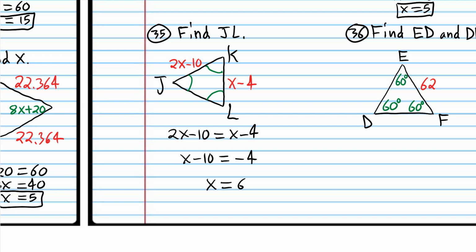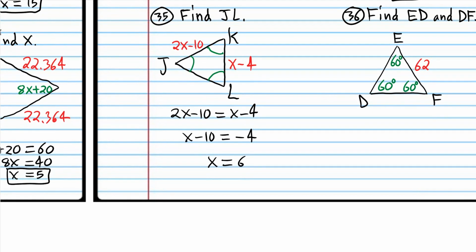But don't stop there. Don't get fooled. A lot of students would stop there. We're not looking for x. We're looking for JL. So now we have to actually find the length of all the sides. Now we know that the triangle is equilateral. We know all the sides must be the same length. So what we can do is plug in 6 to one of these expressions and find the length of JK, for example.